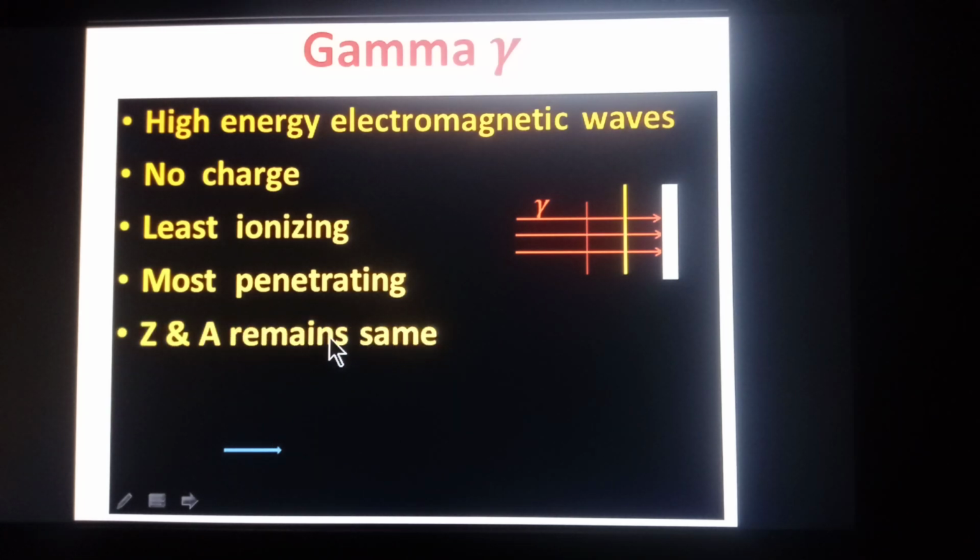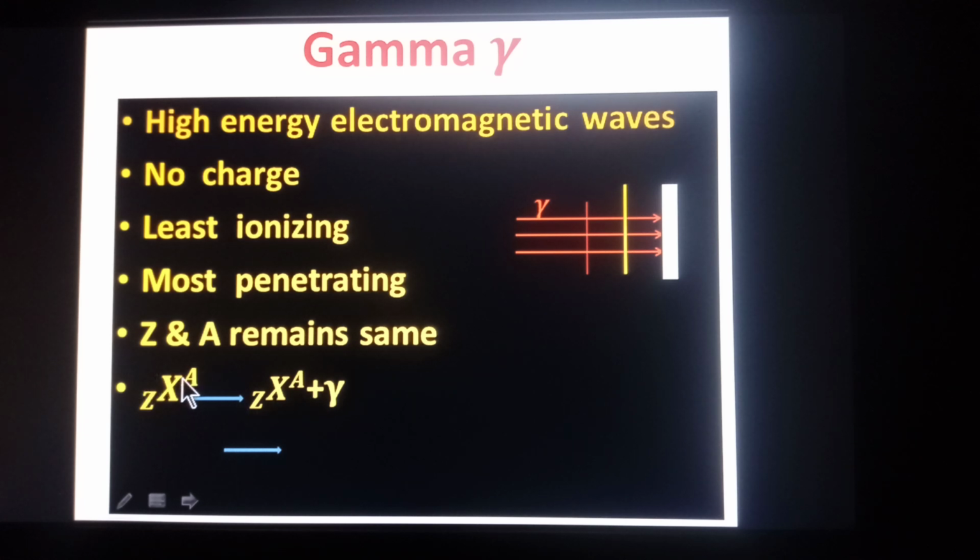When a nucleus emits gamma radiations, its charge number and mass number remain the same. It means that the element does not change. What happens when a gamma ray is emitted? A particle or a nucleus gets stable from an unstable state. If a nucleus with mass number A, charge number Z is in an excited state, it releases extra energy and gets de-excited.